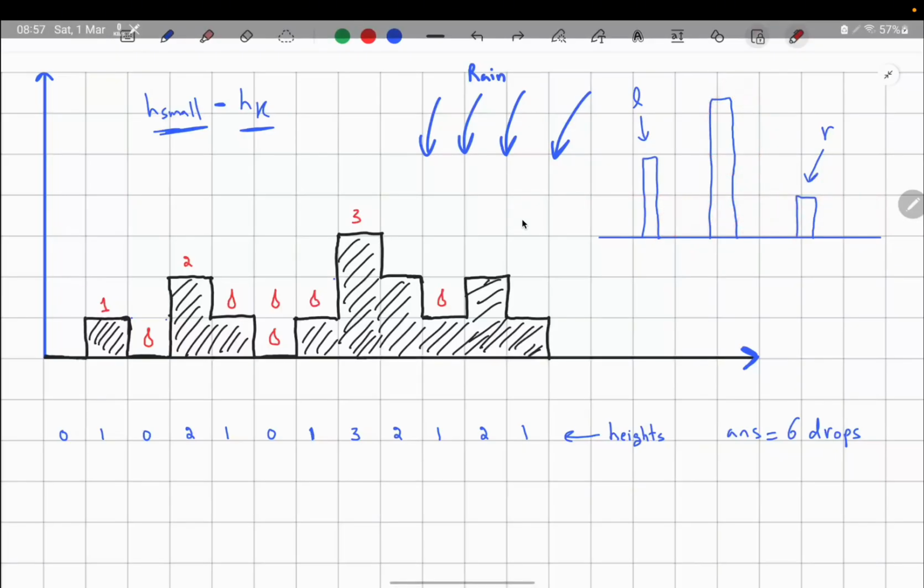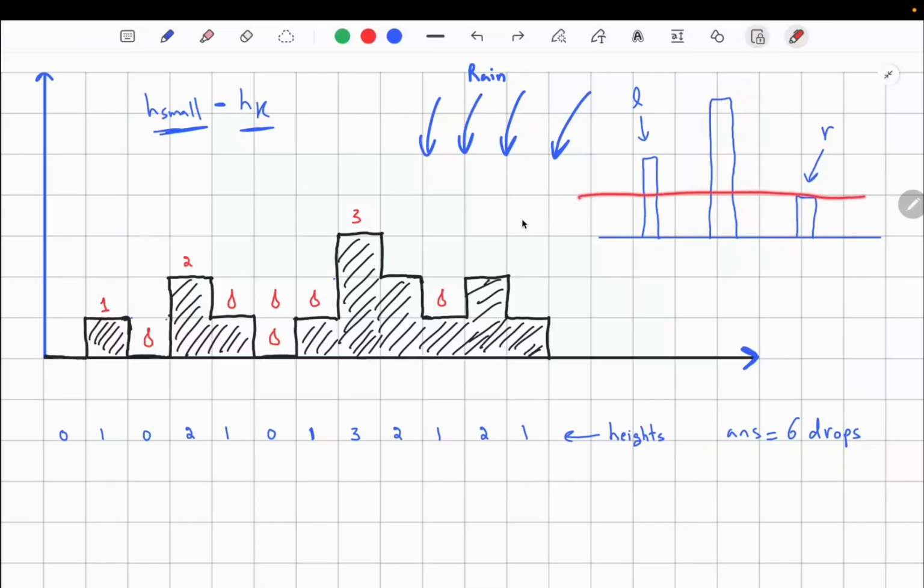So this line that we drew right here, its height is determined by what? Its height is determined by the height of the smaller bar, because we're looking at this bar and at this bar. So the height of this line, under which we can trap water, is determined by the height of the lower bar. So we will start processing the lower bar.